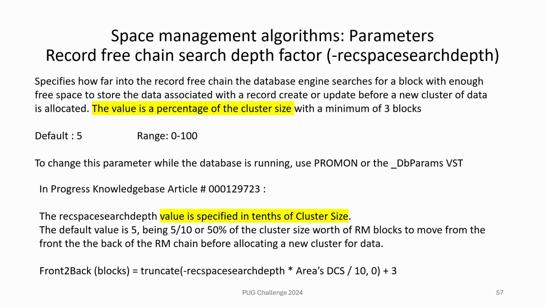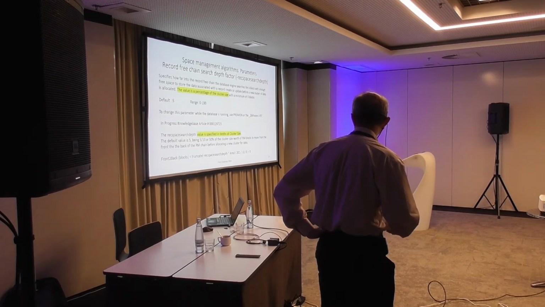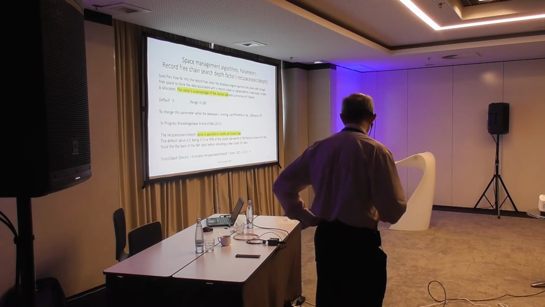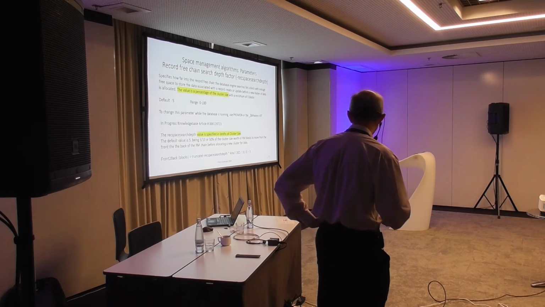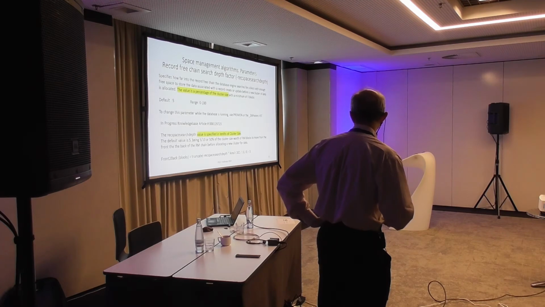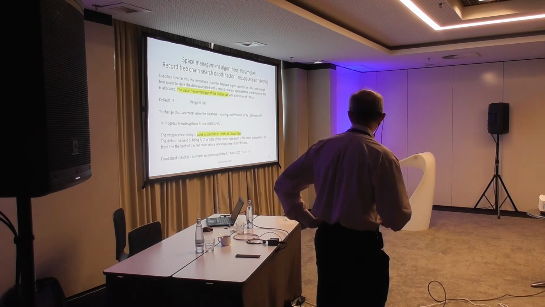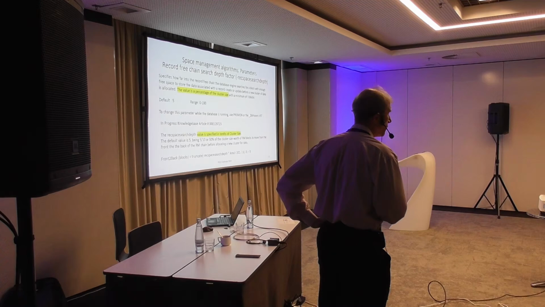The default value is 5, and this is how it is calculated. Basically, 5 multiplied by the data cluster size, which is like 512, for example. For an area that has 512, 5 divided by 10 is half of 512, so it's 256 plus 3, 259.